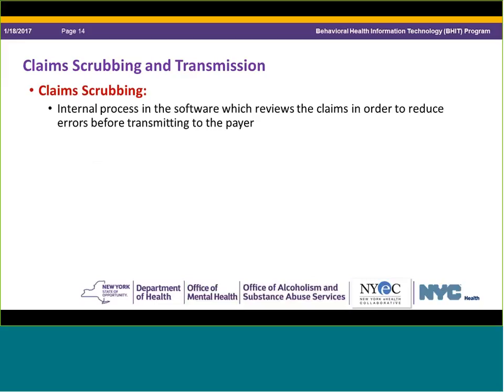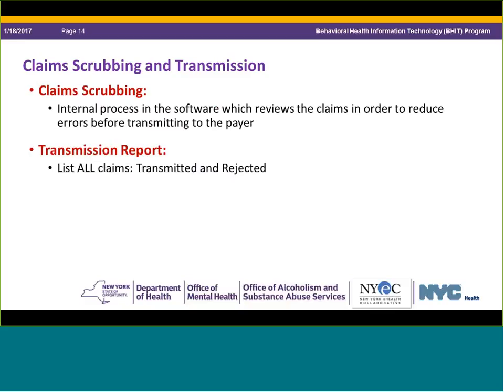So this is done in the EHR software that the HCBS provider has? That is correct. Yes, there are internal scrubbings within each vendor's software. Later you can let me know what we have done to help these providers in this regard.